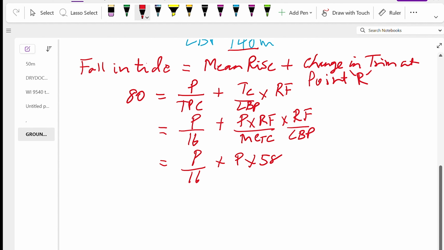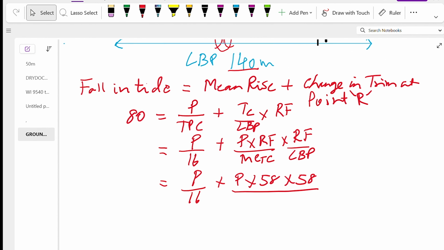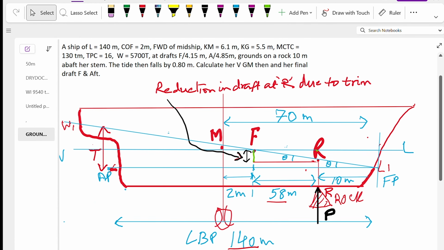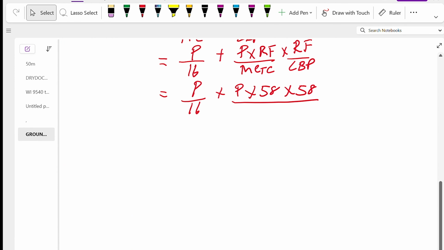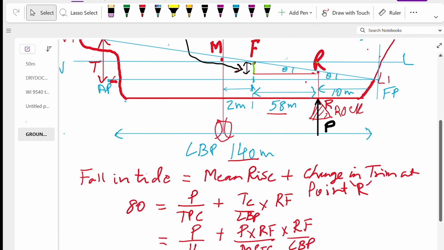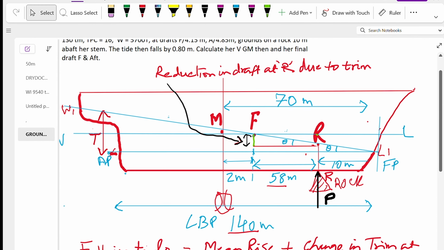58 into 58. MCTC is 130. And length between perpendiculars 140.